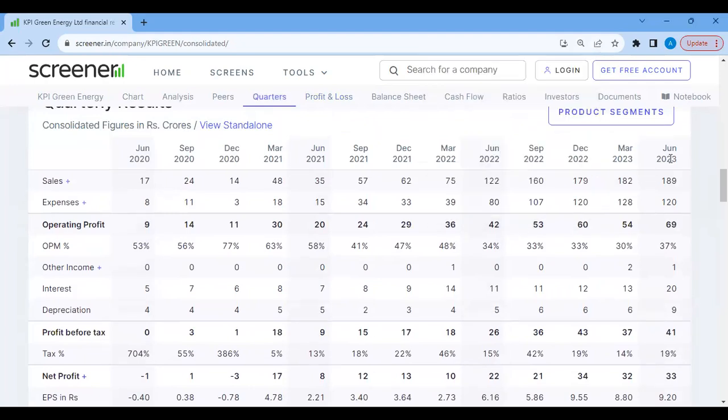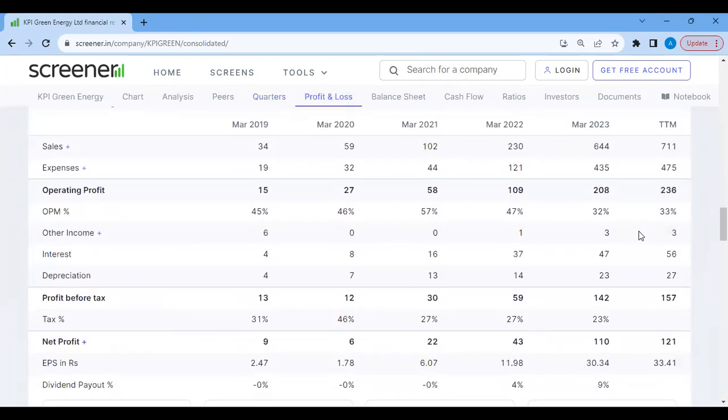These 4 quarters are the last 12 months for this company. So, July, August, September, October, November, December, Jan, Feb, March, and April, May, June, right? These are the 4 quarters for this company, and these are the last 12 months of this company. All right. So TTM is last 12 months or trailing 12 months or पिछले 12 महीने. ठीक है.